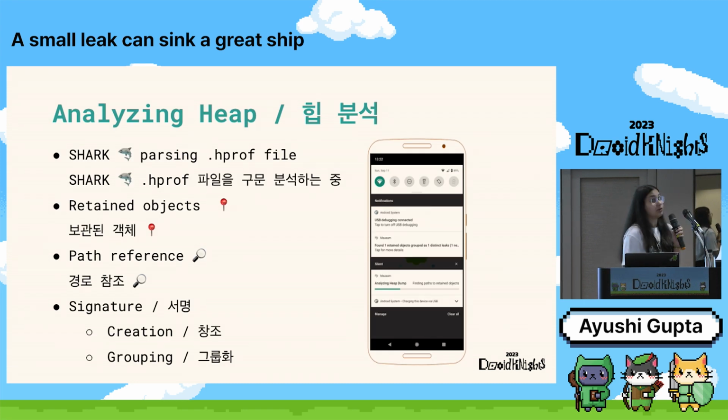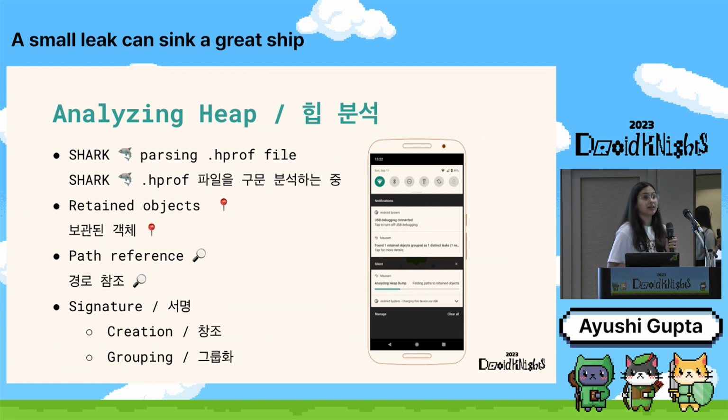Then let's talk about heap analysis. Now you have all the data that you want. So LeakCanary is going to parse it using Shark. What is Shark? Shark is Smart Heap Analysis Reports for Kotlin, which itself is now a new standalone library. Shark is going to detect all the retained objects in that hprof file.